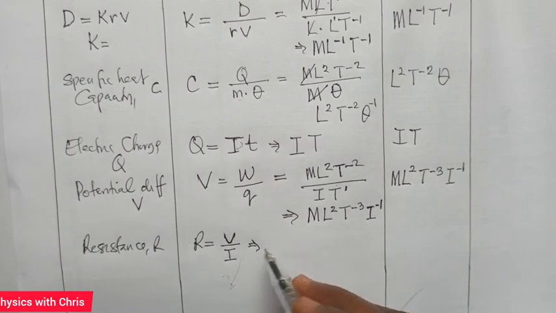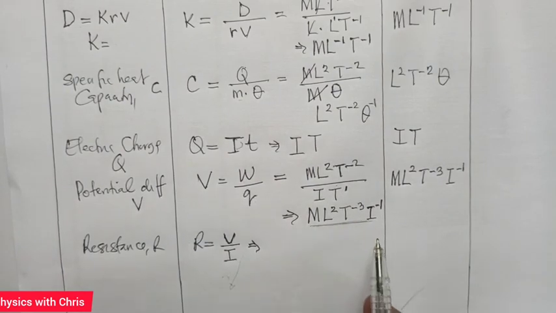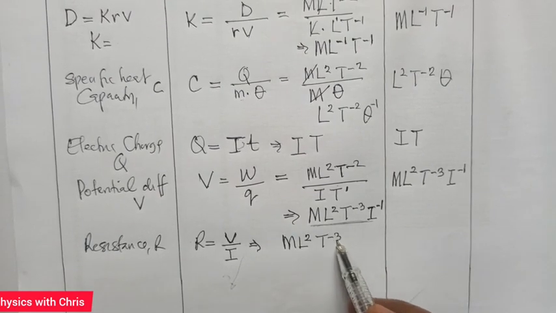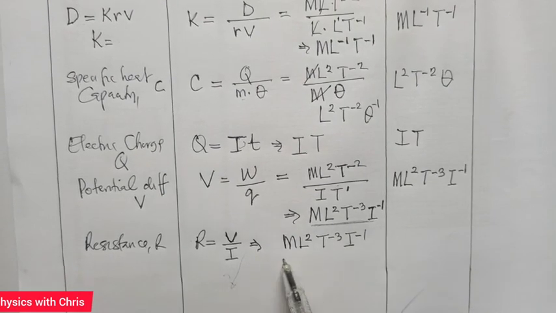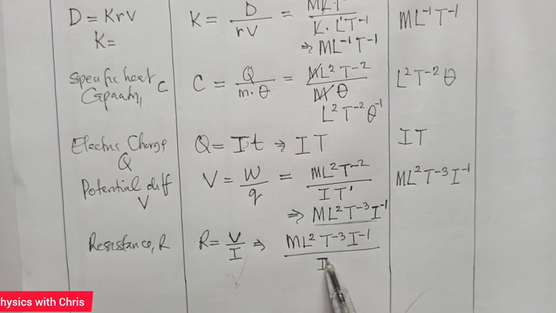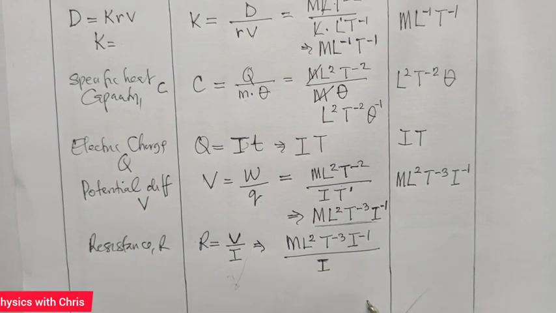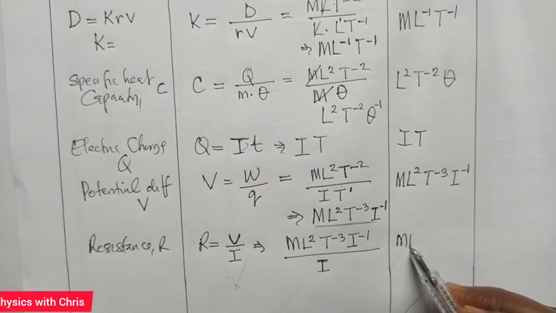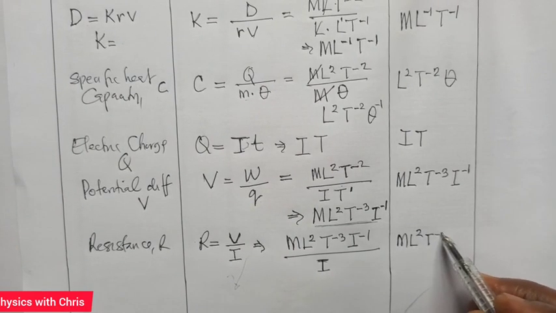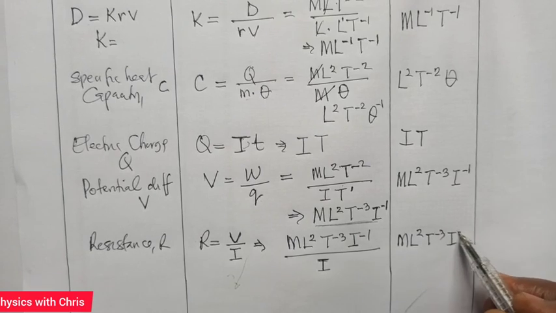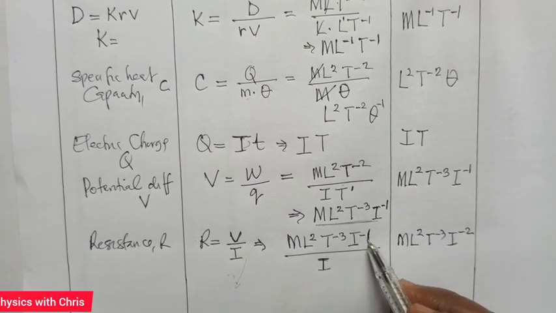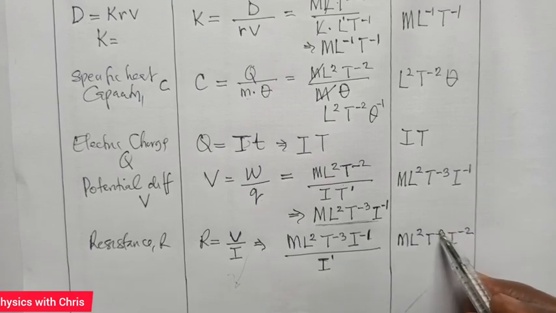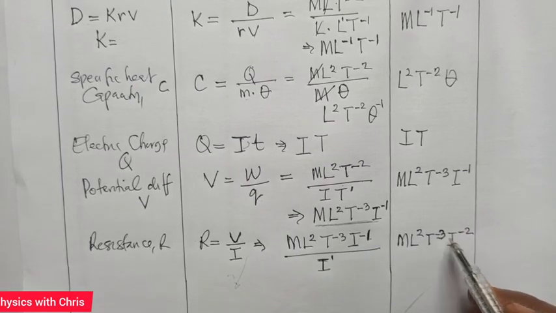We already have the dimension of potential difference, so bring it in here: M L squared T minus 3 I raised to power minus 1, divided by the dimension of current, which is I. We evaluate this, and we have the dimension of resistance as M L squared T minus 3 I raised to power minus 2. When you apply the law of indices to evaluate I raised to power minus 1 by I, it gives you minus 2. That gives you the dimension of resistance.